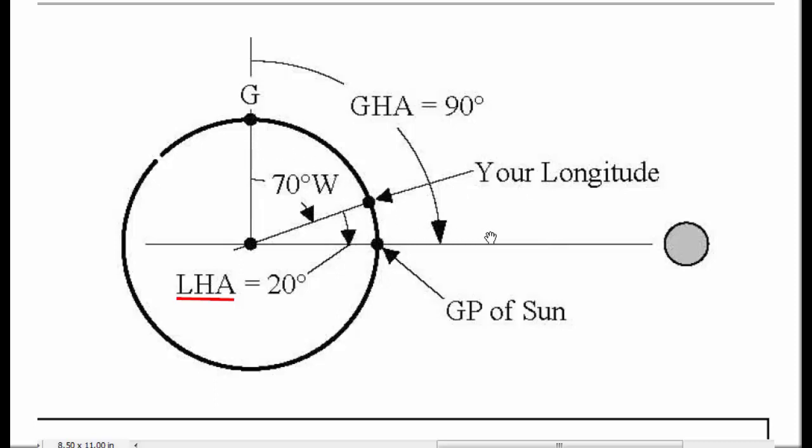Now remember, LHA is the angle that the sun's GP is west of us. So since it is 90 degrees west and we are 70 degrees west, it's therefore 20 degrees west of us. And therefore the LHA is 20 degrees. You don't have to specify west because LHA is always a westerly angle. So that's where the LHA is to our west.